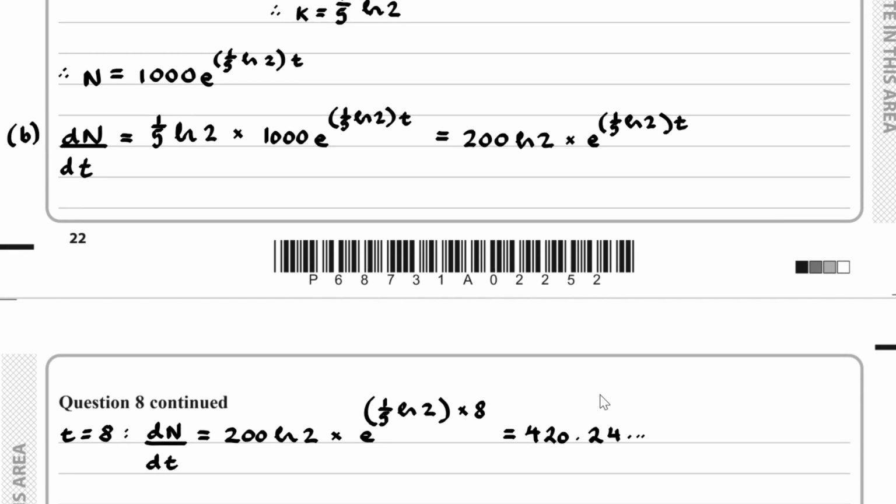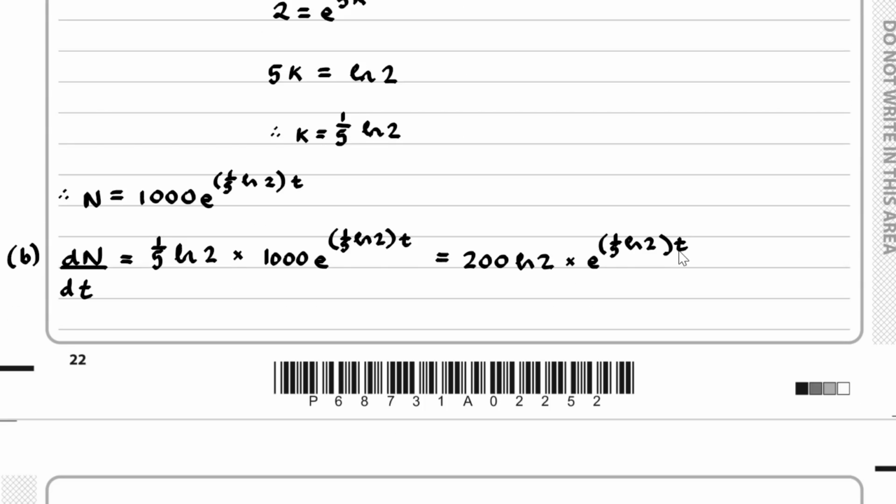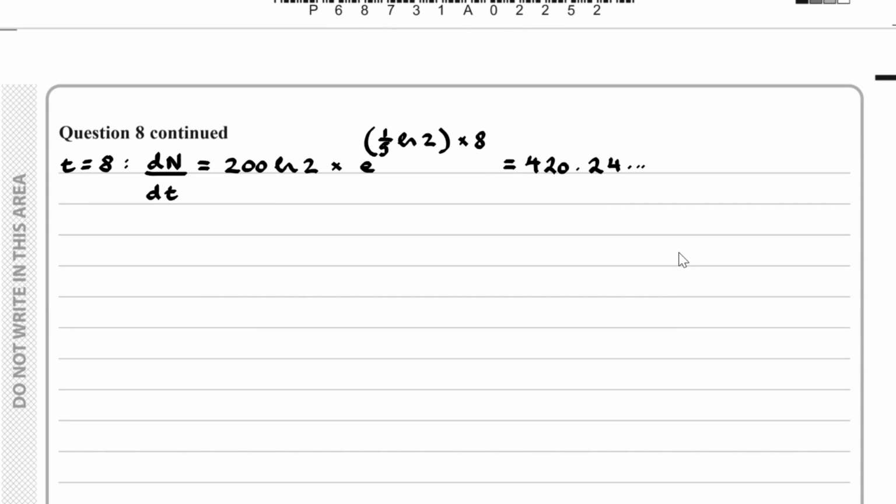And so therefore, we would have 420 to 3 significant figures.